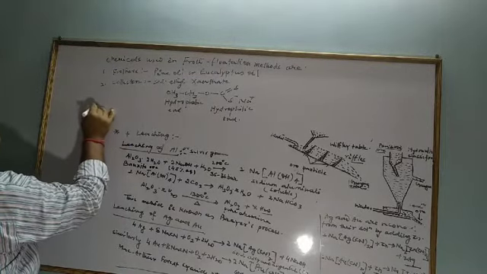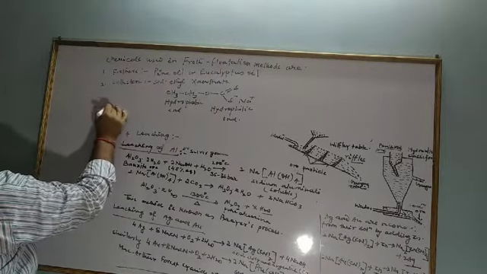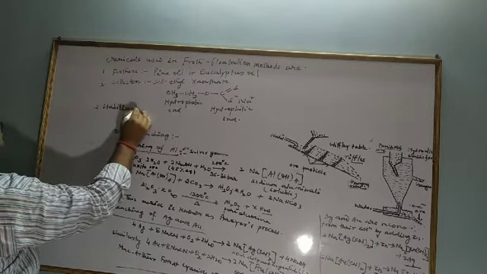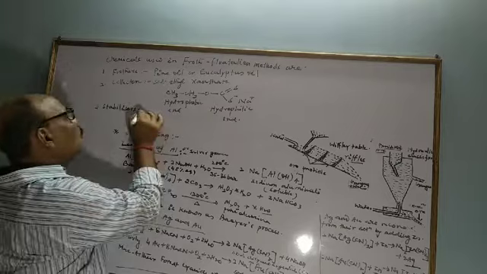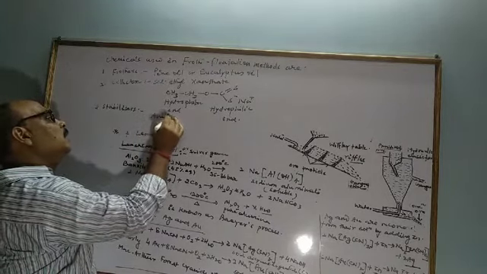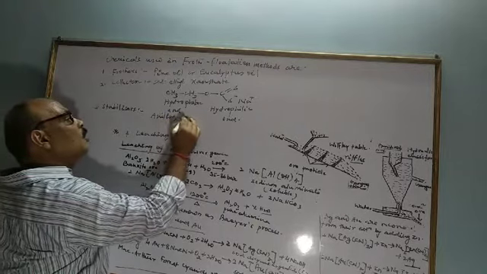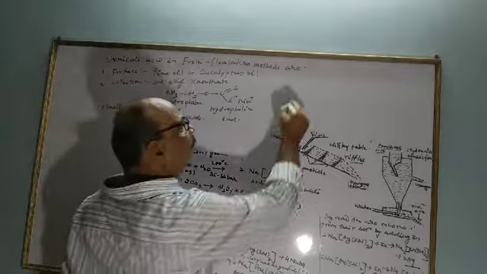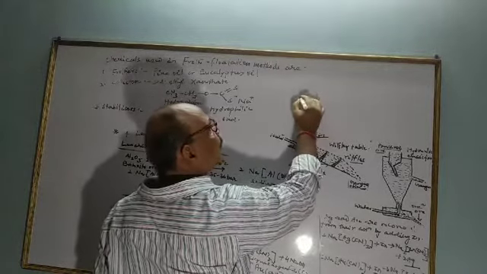Third one is stabilizer. It is also used, stabilizers. And what are the stabilizers? Aniline, then we have cresols. Do you know the formula of aniline? Aminobenzene.